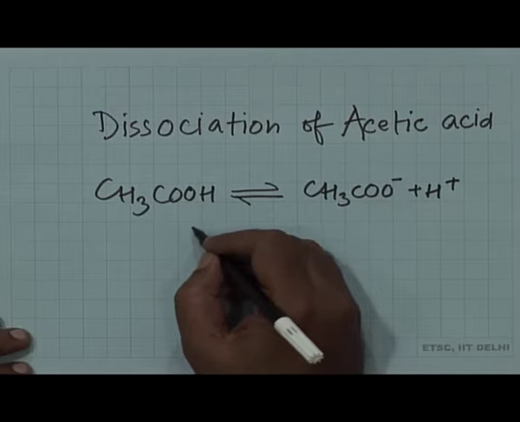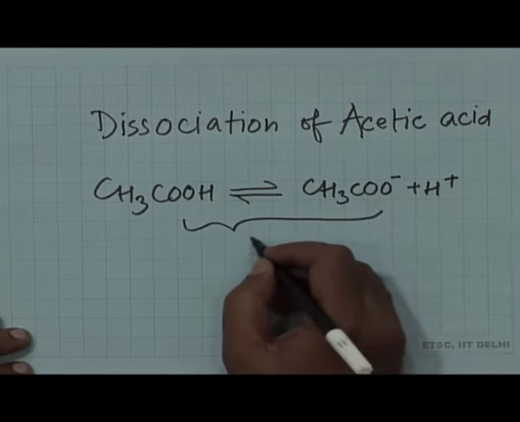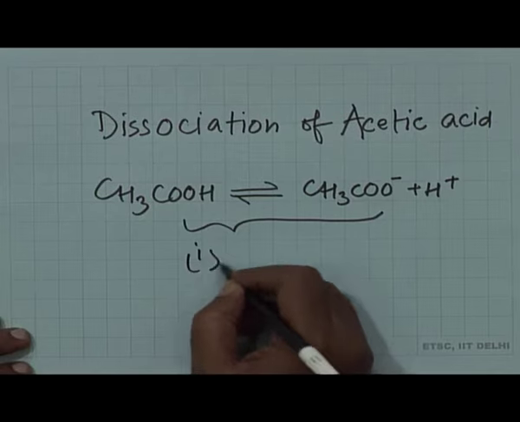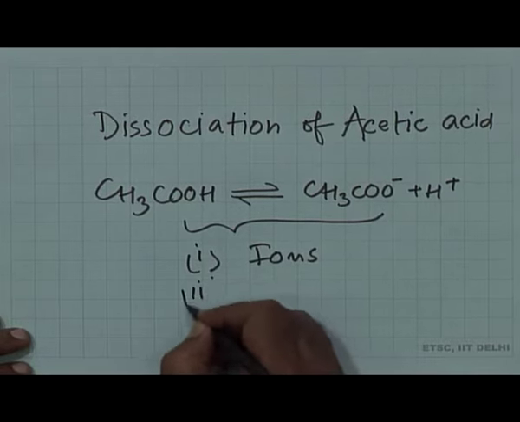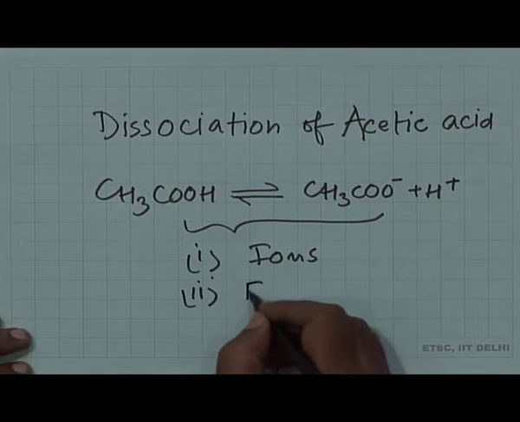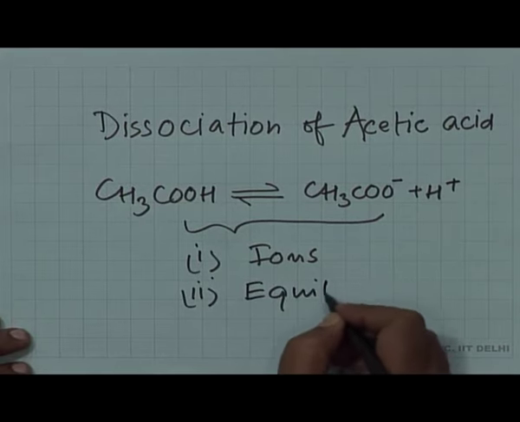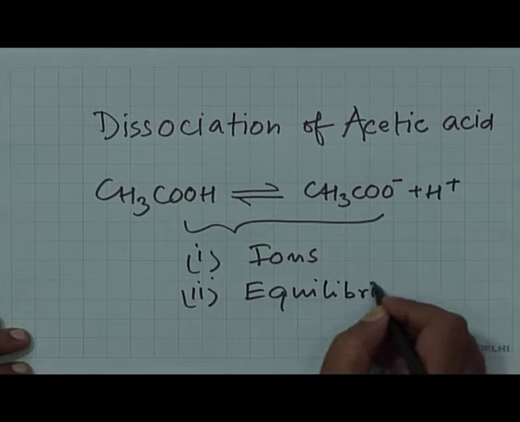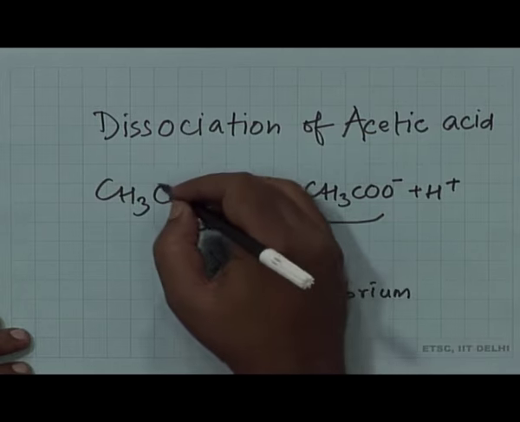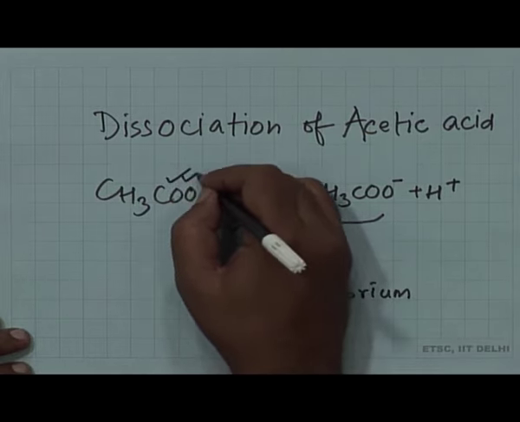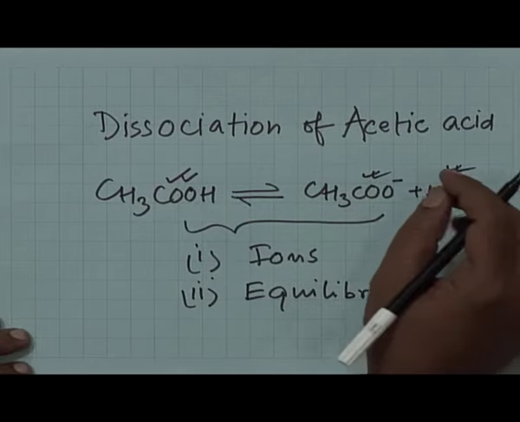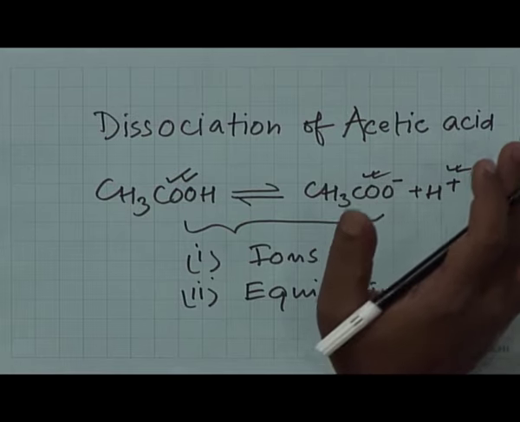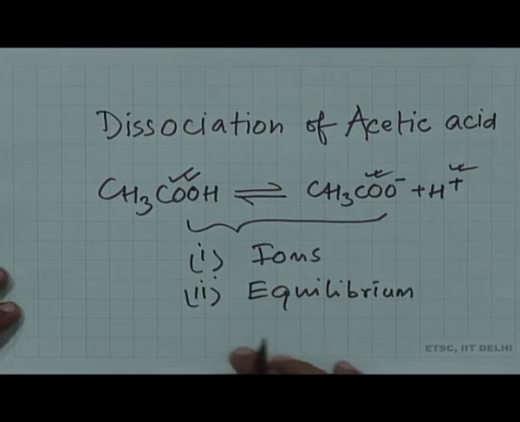So, first thing is the reaction has ions, and the second thing is there is an equilibrium between the undissociated species and the dissociated ions. Only in this case can we apply the concept of equilibrium.